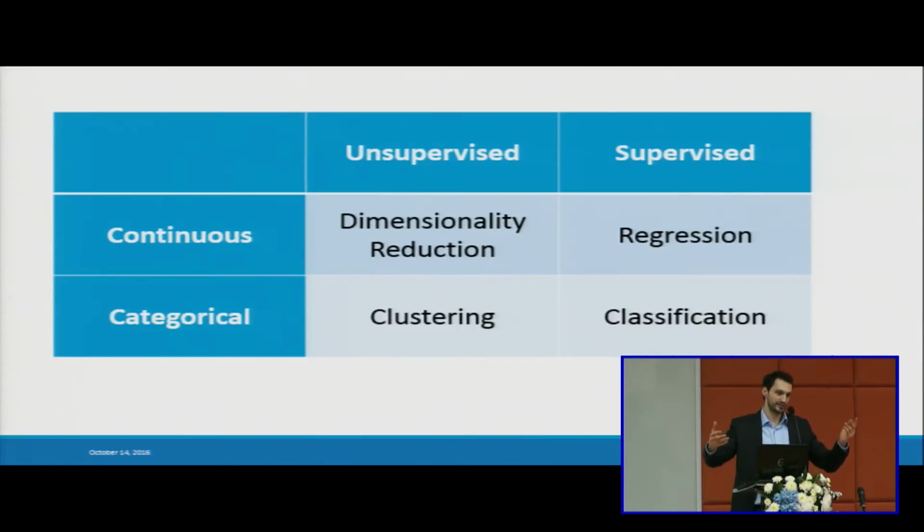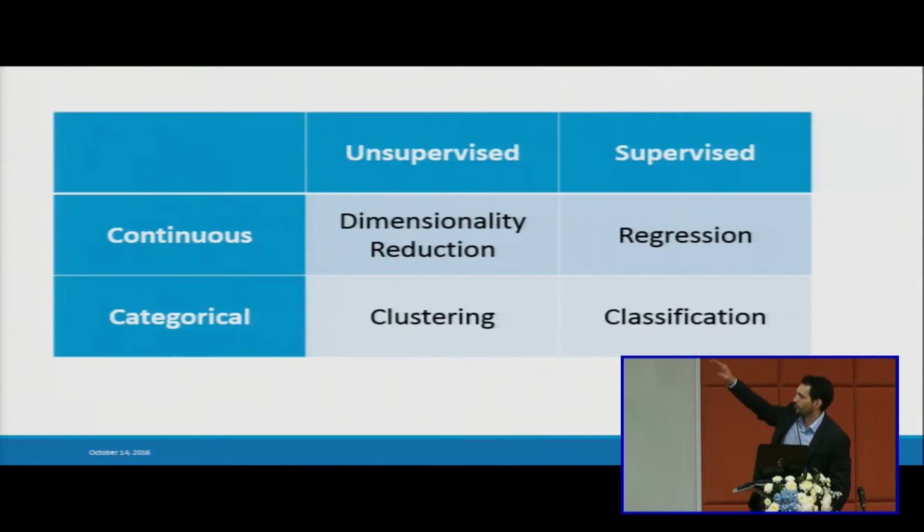Does that make sense? The key thing is that you have data and then you have an output that you want to predict. In the unsupervised case, all you have is data. You don't have anything you want to predict. So you're trying to find structure within your data without predicting anything.